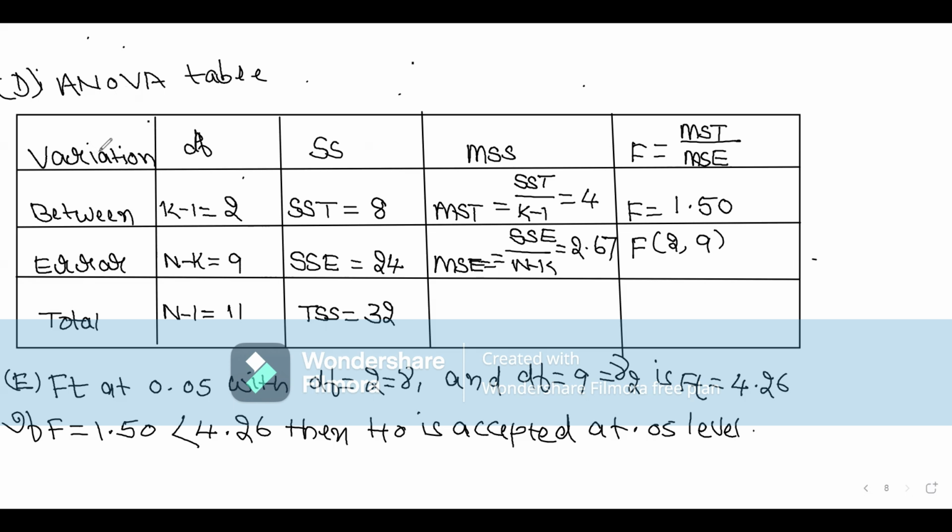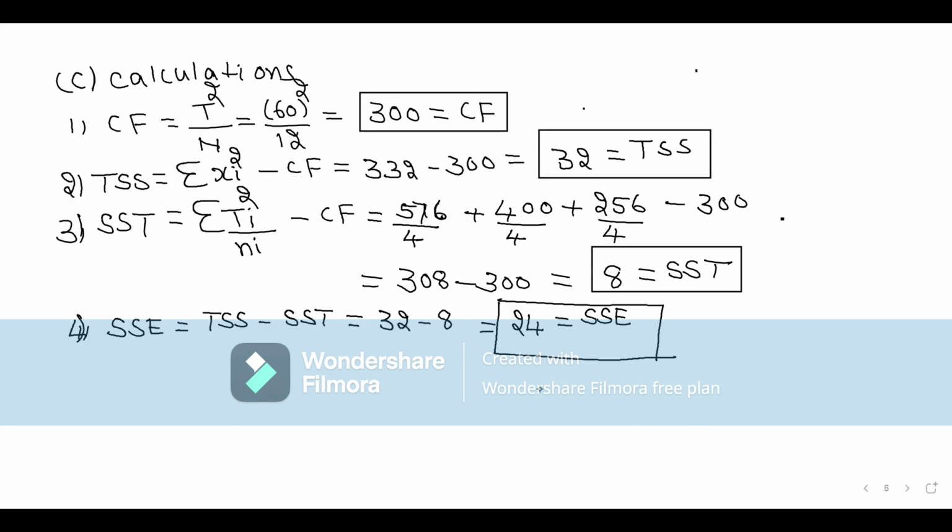The columns are: variation, degrees of freedom, SS (sum of squares), MSS (mean sum of squares), and F ratio, MST divided by MSC. Okay, for the between, degrees of freedom is K minus 1. K is 3, 3 minus 1 is 2. Then SST, just now we have calculated SST, 8.